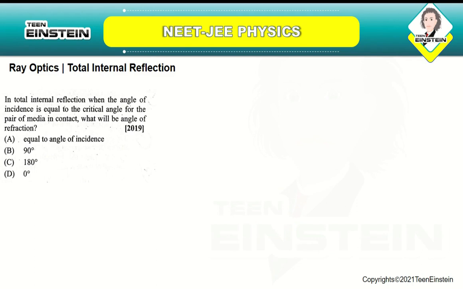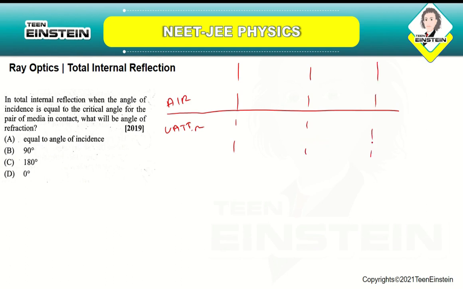If total internal reflection occurs when the angle of incidence is equal to the critical angle of the pair of media in contact, what will be the angle of refraction? So, we all know how total internal reflection takes place. The three major conditions you would have noticed: you take two mediums, air and water, and you have three different conditions.